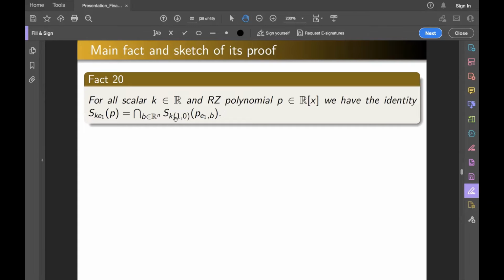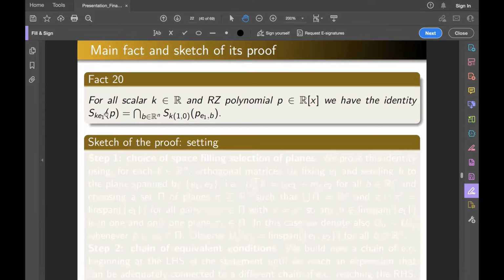And when you take all the intersections, this is going to be equal to the intersection of the first unit line with the rigidly convex set. Sorry, with the relaxation defined by P.